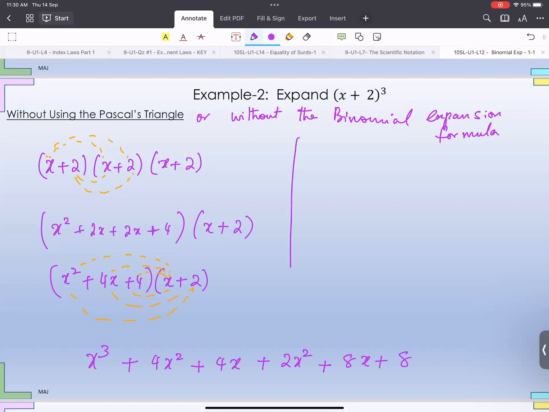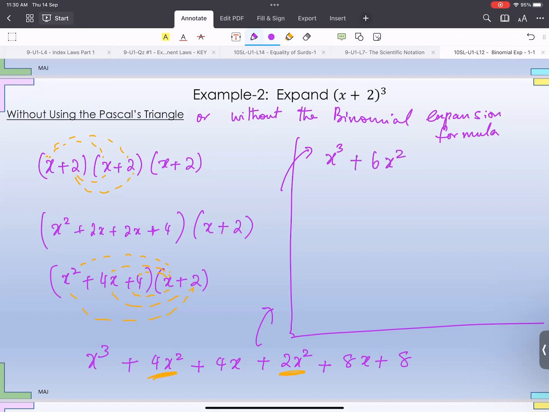Collect all the like terms. You have x cubed. Here's a like term, 4x squared and 2x squared becomes 6x squared.